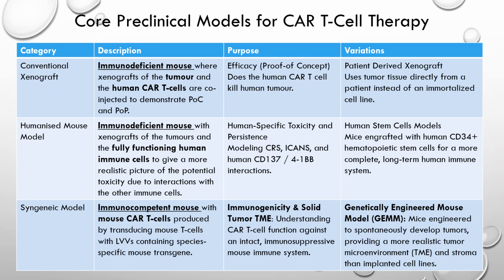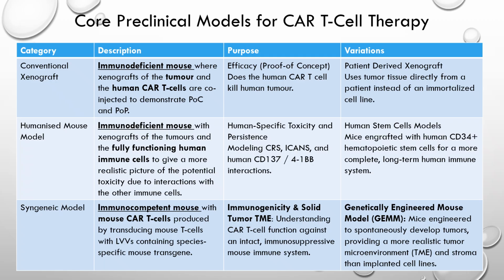It gives you information on persistence, both of which are important parameters that need to be measured in humans actually. And cytokine release syndrome and ICANS are specific adverse reactions from these types of drugs.